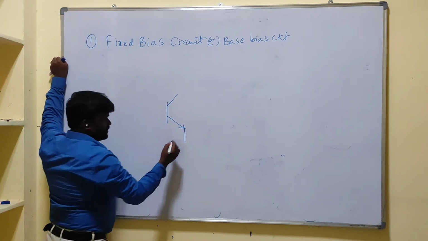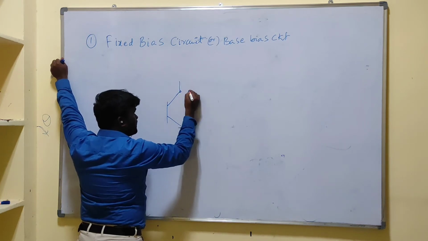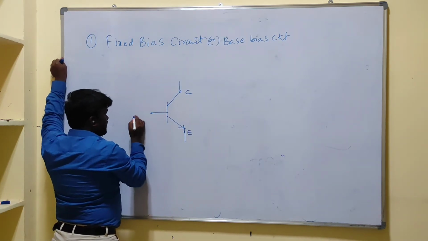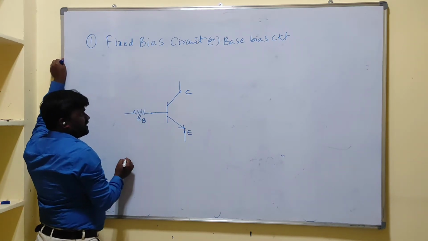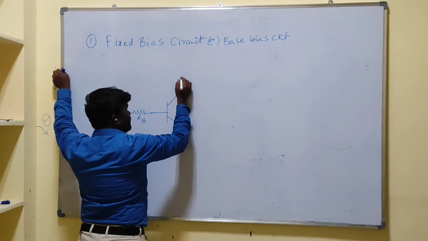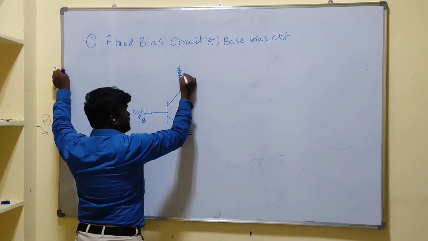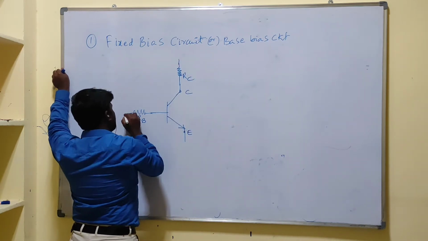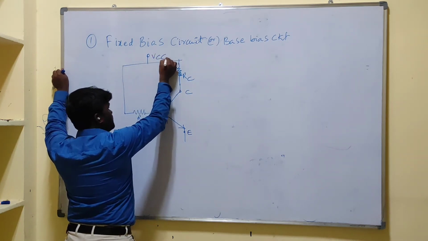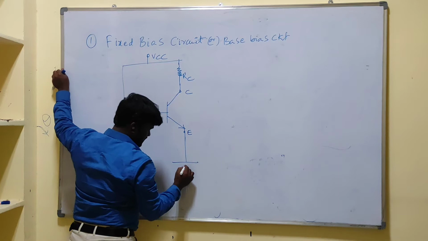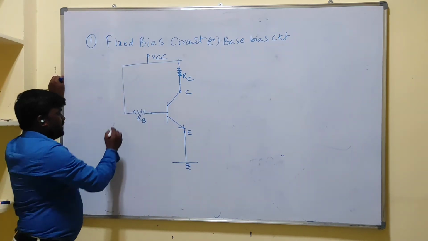This is our emitter, this is our collector, and this is our base. For the base we have a resistor RB connected, and for the collector we have a resistor RC connected like this, and we have the supply voltage VCC on this side, and the emitter is connected directly like this. It is a simple bias circuit. This is our base terminal.